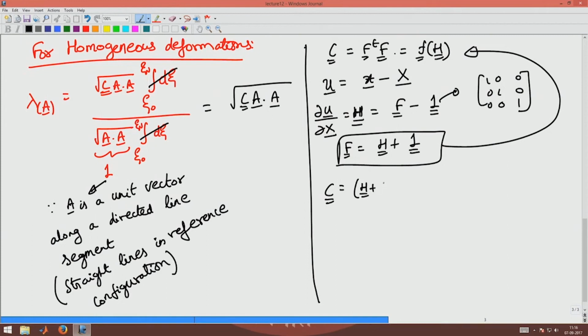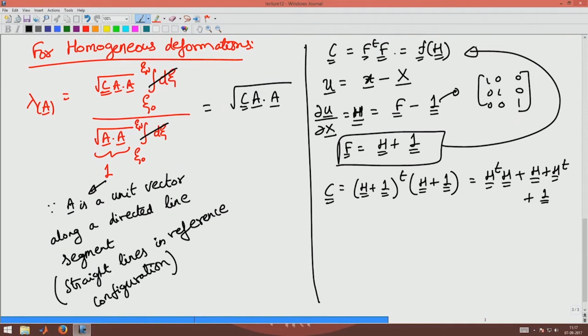H plus identity tensor transpose multiplied by H plus identity tensor, which will be H transpose H plus H plus H transpose plus identity. Okay.